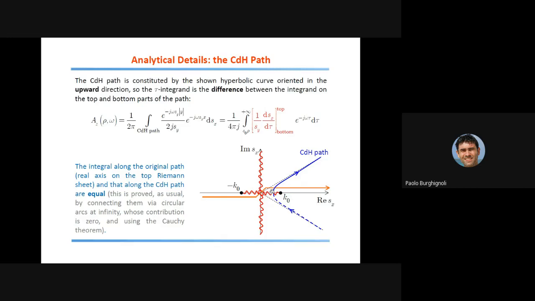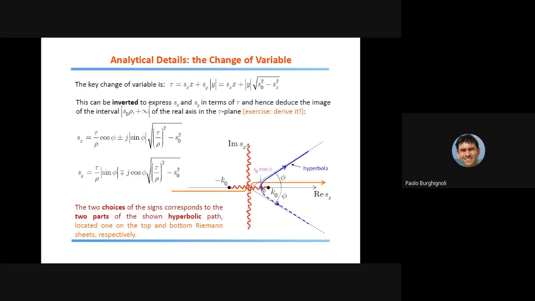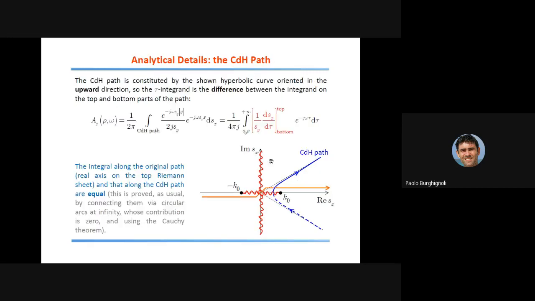However, the bottom part was oriented downwards. Okay, so if you change the orientation, then you should also introduce a minus sign, and that is why here you have this folded integrand, which is the difference between the value on the top and on the bottom parts of the Cagniard-de Hoop path.